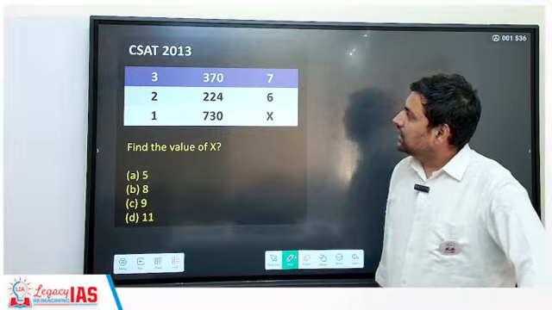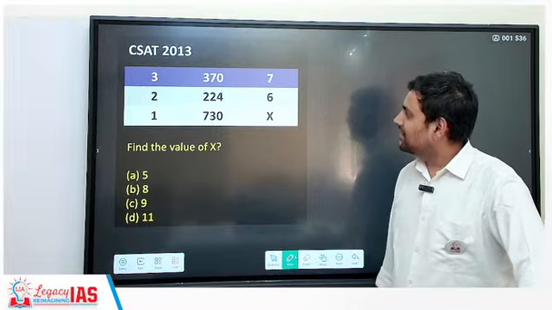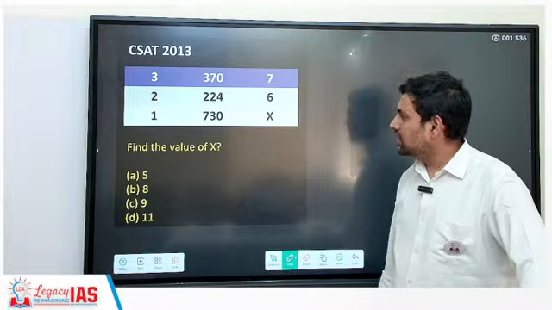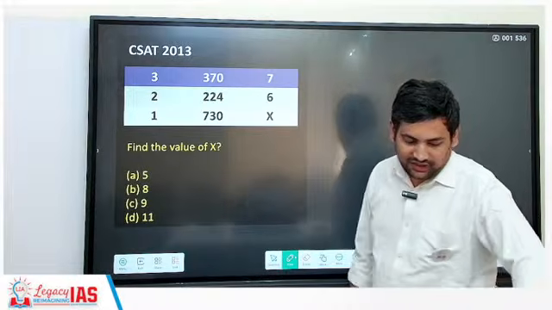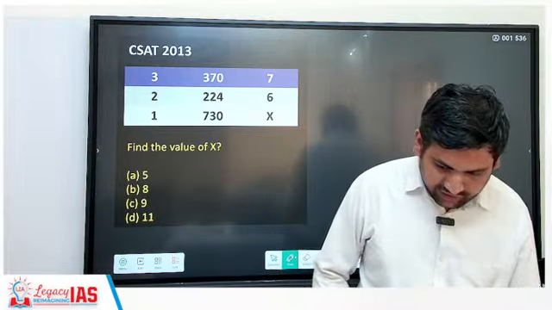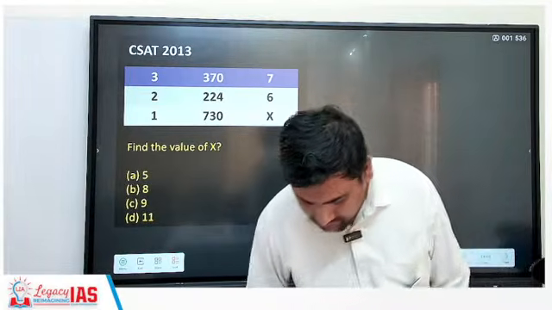Now next, let's do this. It says 3, 377, 2, 224, 6, 1, 730. Try to think if you can see it.